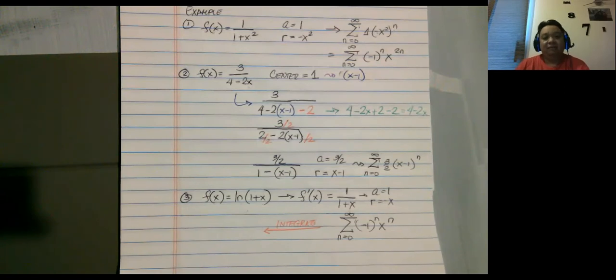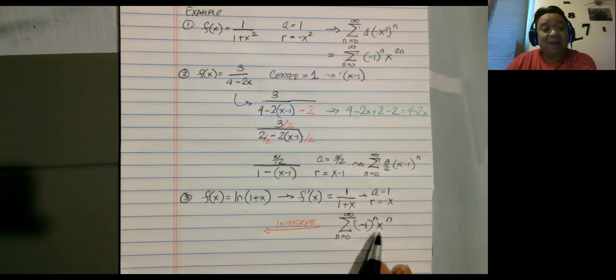So you integrate. Now, how do you integrate a power series? Well, remember, a power series is a polynomial. So you're taking the integral of a polynomial, and a polynomial is just the power rule.